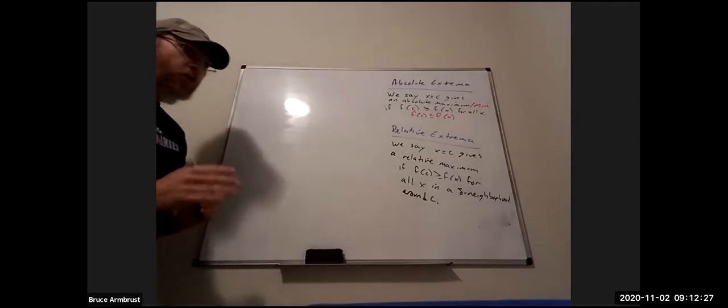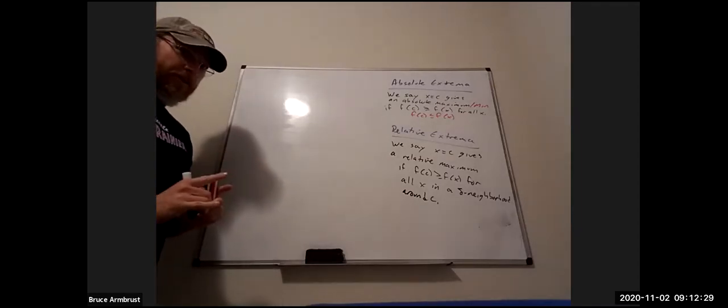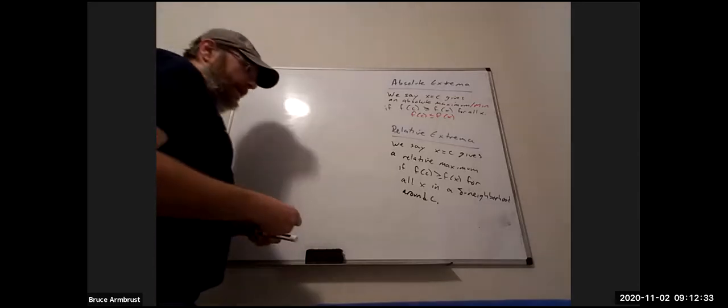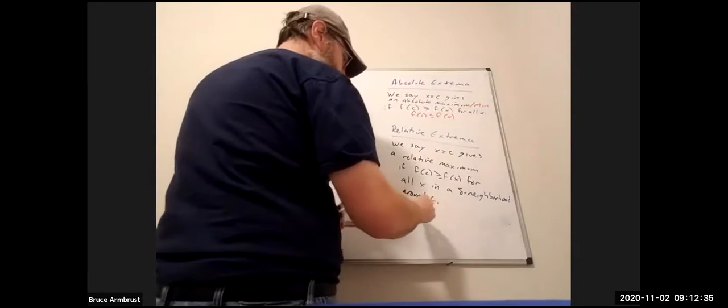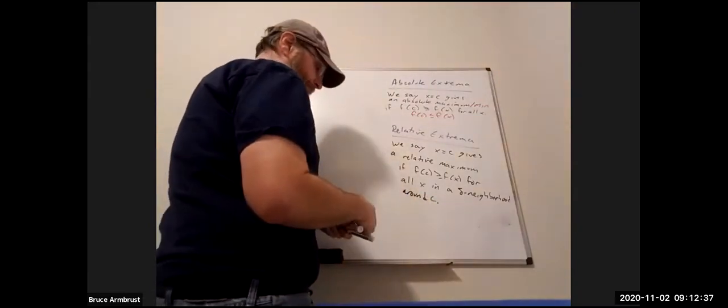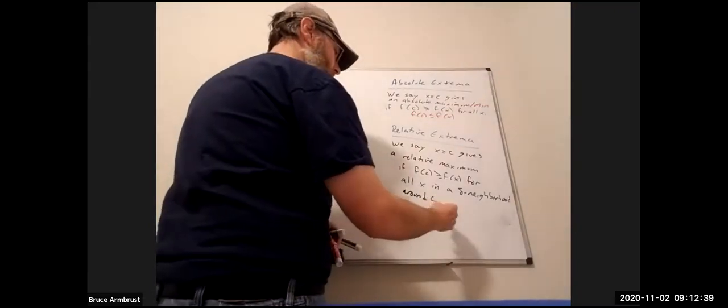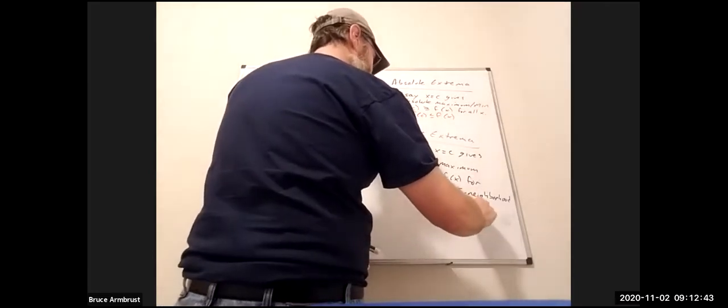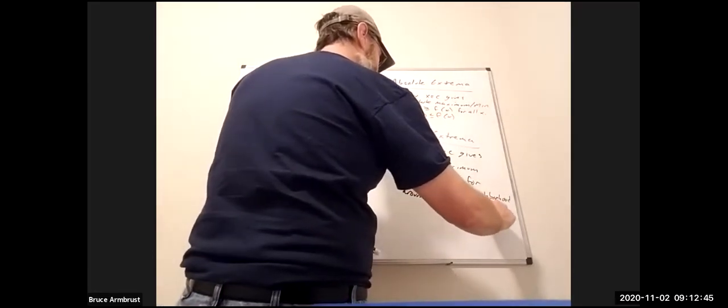Okay, so first, what's a delta neighborhood? What does that actually mean? Well, a delta neighborhood, this just means we're looking at an interval. And in this case, the interval is going to be from c minus delta to c plus delta.